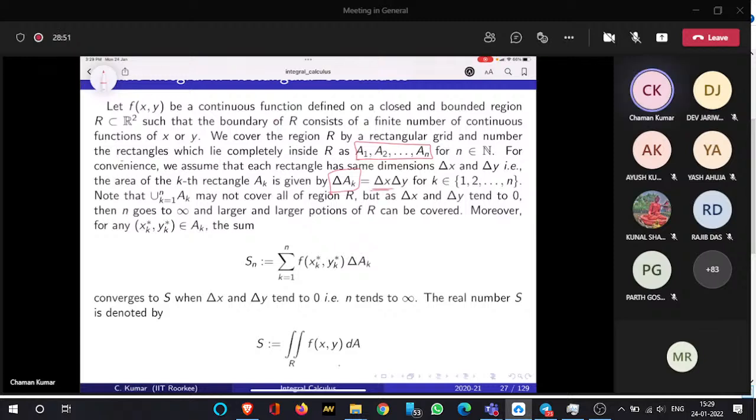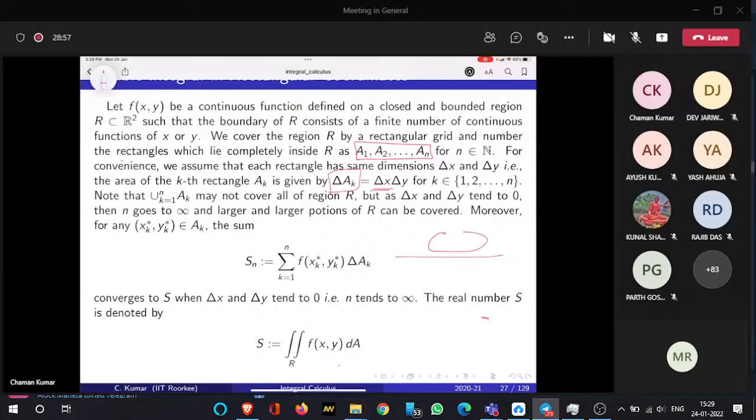So let us say that when you draw the lines parallel to the x-axis, this was the region, and these are the lines parallel to the y-axis. These lines are drawn at the same distance, delta x. The distance between these two lines is delta x, similar to what we have done here.